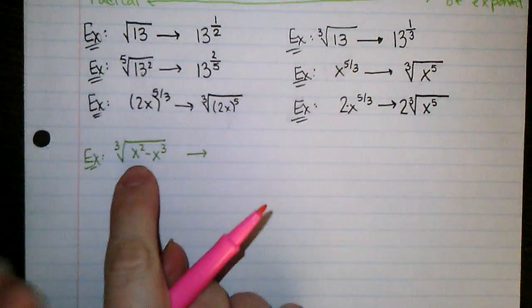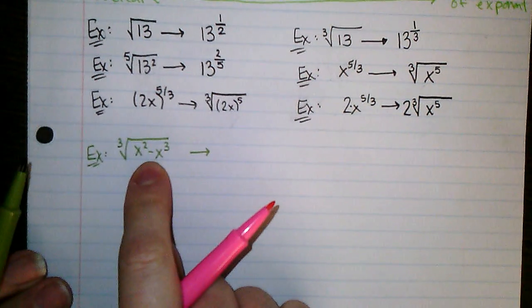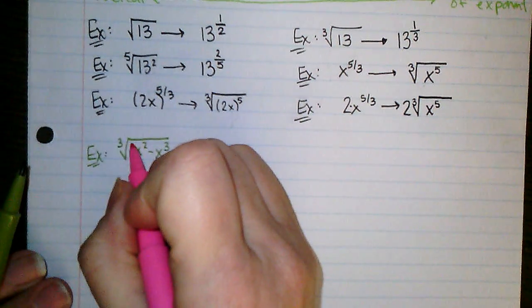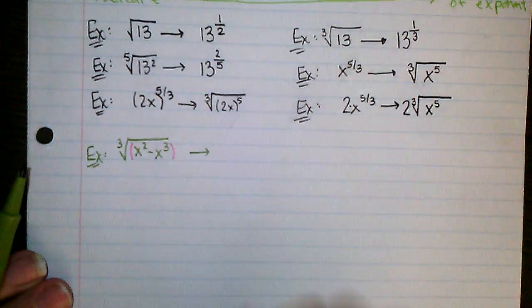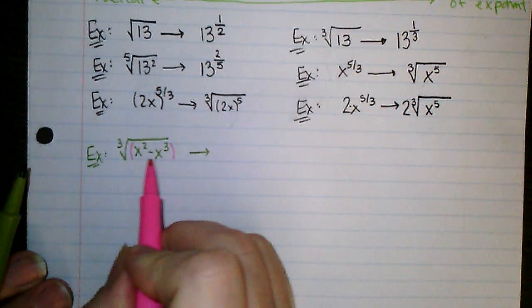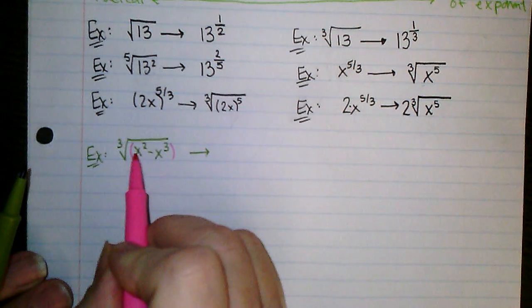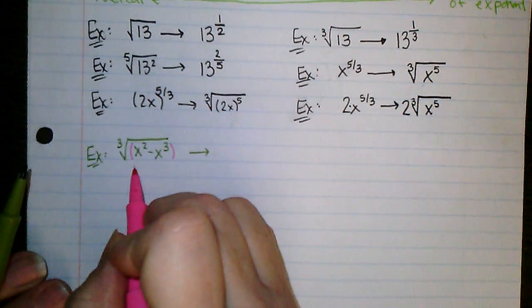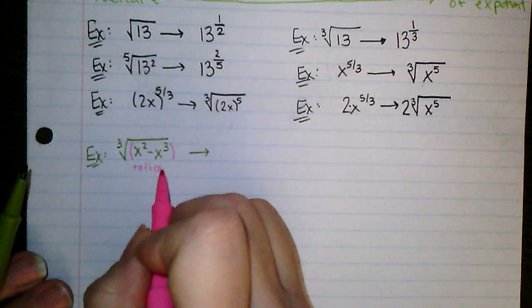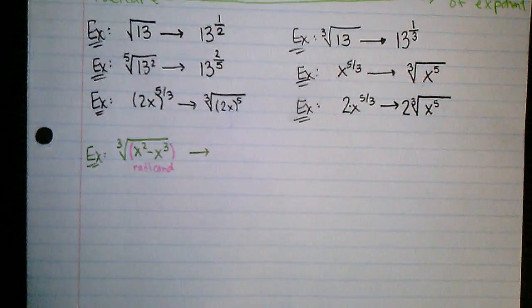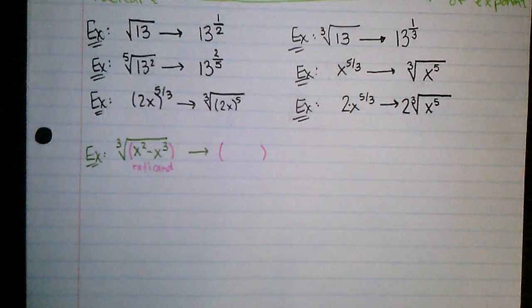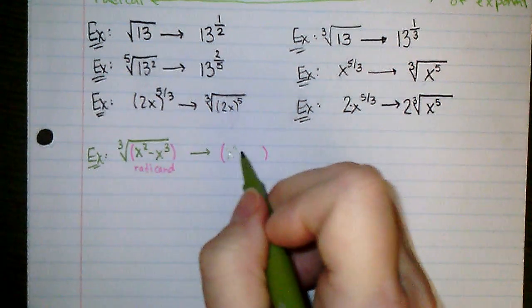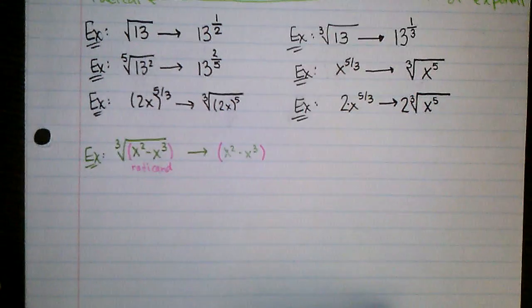When you have 2 terms, meaning that you have either addition or subtraction, those cannot be separated using a square root. So this whole expression, x squared minus x cubed, is the radicand. So that whole expression becomes the base. So x squared minus x cubed becomes my base.